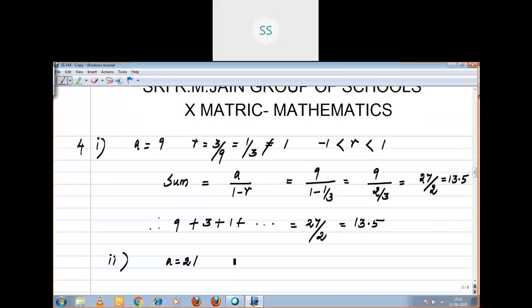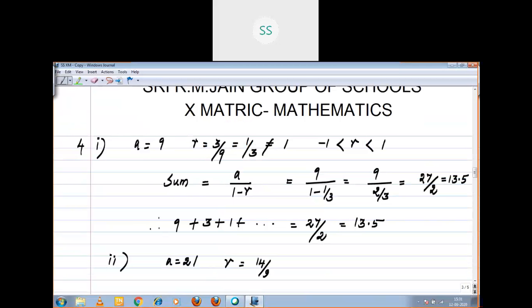Sum to infinity, you have to write and show. Therefore, 9 plus 3 plus 1 plus etc. equal to 27 by 2, which is equal to 13.5.